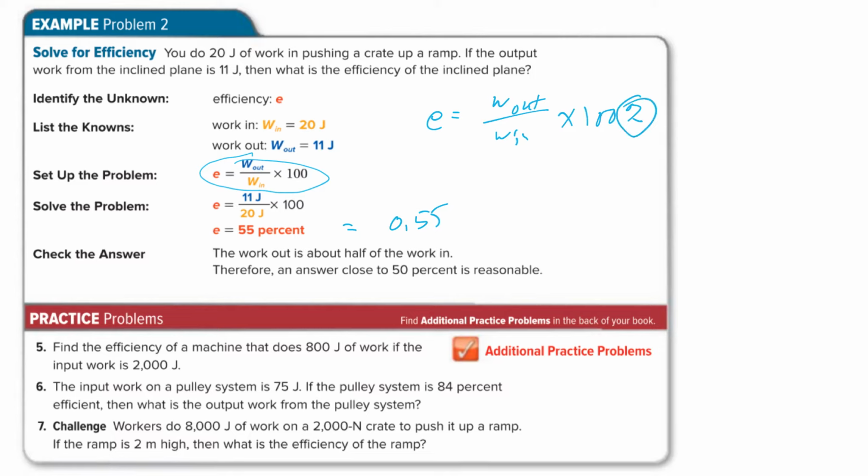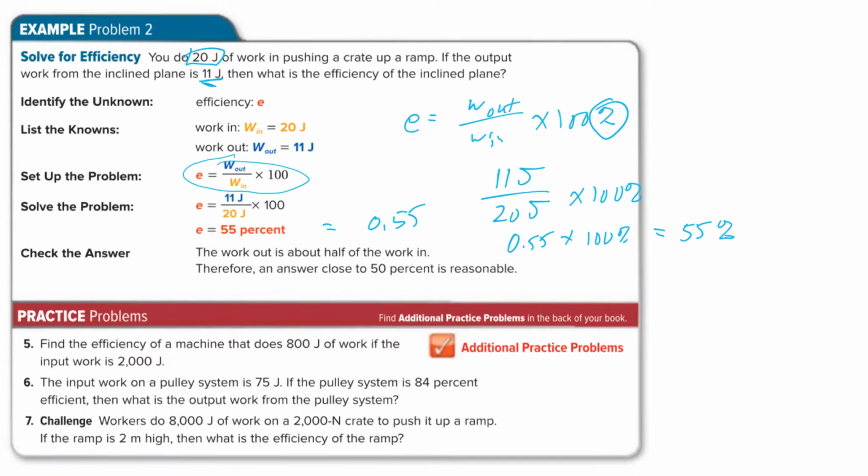So work out in this case is 11. So here's our work output. Then our work input is right here. So our work in is 20 joules. And if you take 11 divided by 20, you get 0.55. And you multiply that by 100 and you get 55%. Okay?